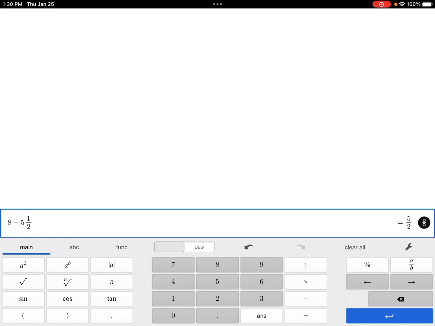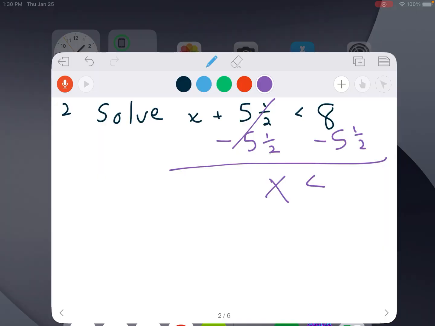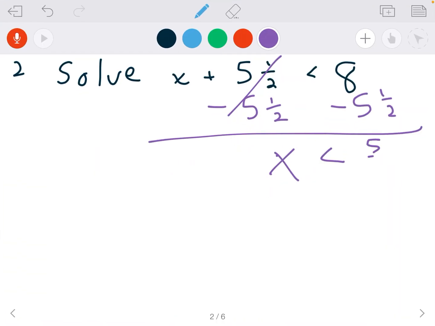We want them in a fraction format because it gives you in a fraction format, so don't put a decimal in there. So going back to my work, this is 5/2. That's what 8 minus 5 1/2 is, 5/2. So I'm going to change that 5/2 into a mixed number.